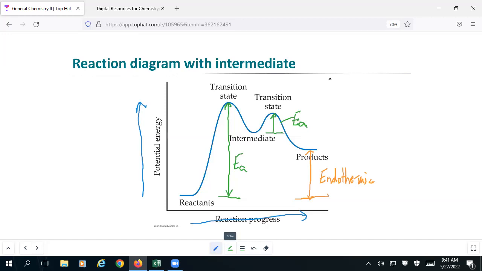Now, transition states, we don't say a whole lot about them. We're not even sure exactly what they look like most of the time. But we can kind of think of them as the highest energy configuration of the reacting species that are coming together.